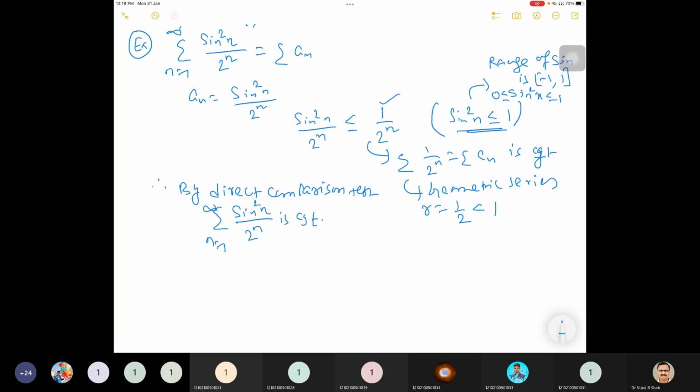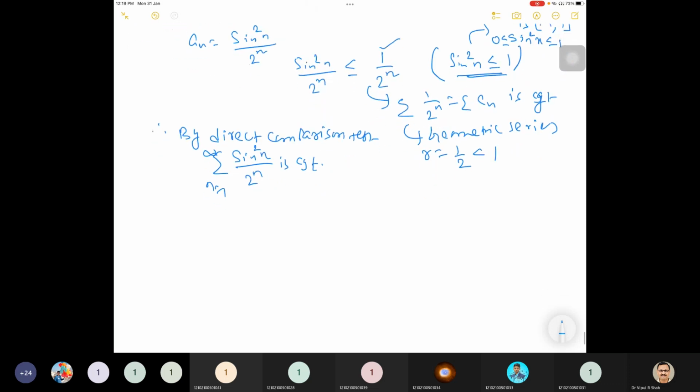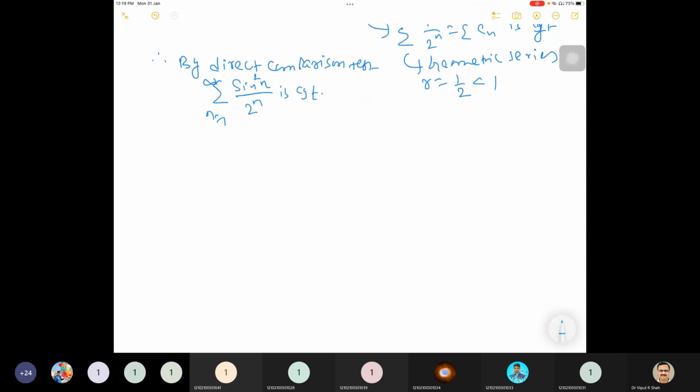Now see, the question is test the convergence of the series, n equal to 1 to infinity, 10 n plus 1 upon n, n plus 1, n plus 2.